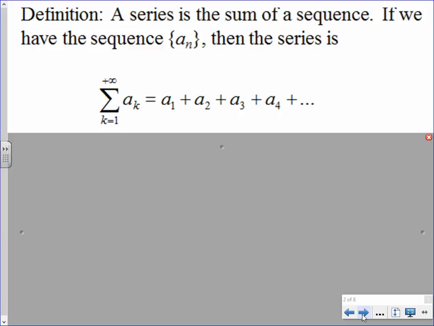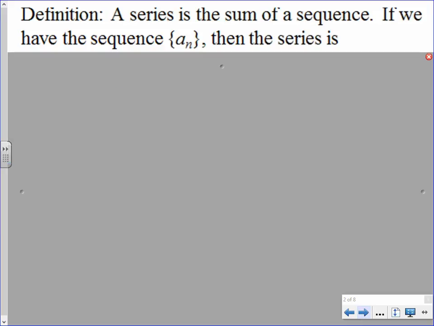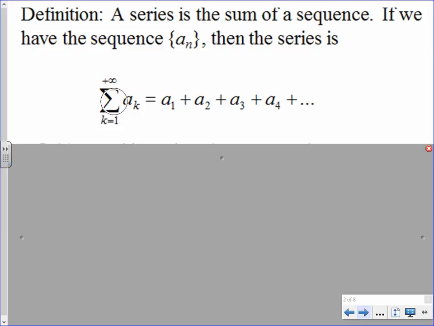Notice the notation. You remember this probably from pre-calculus. That sigma means sum. You remember it from calculus last year. k equals 1 to infinity. So this is what we call an infinite series, right? And that's what we are going to focus on, infinite series.